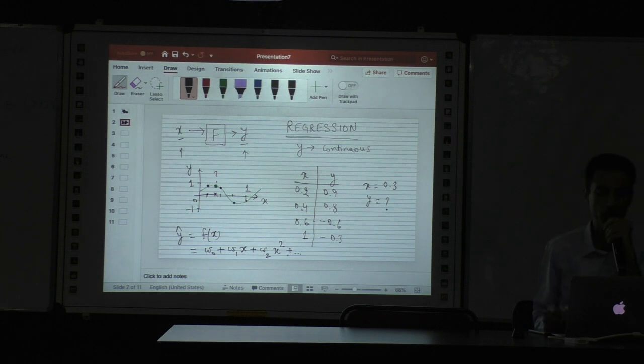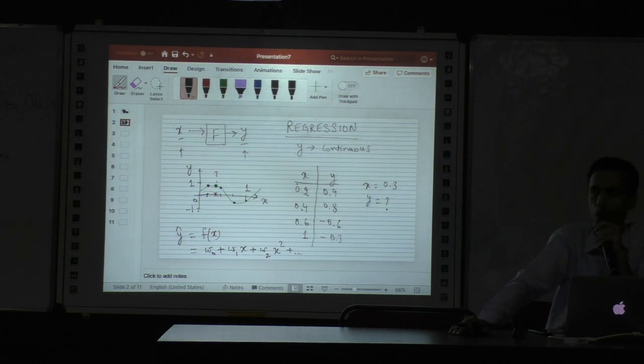How many of you think that if I take a very large value, if I keep on going to a very large degree of x, I will be able to exactly find the curve? Means I can fit any f of x using this. How many of you think I can never fit f of x?